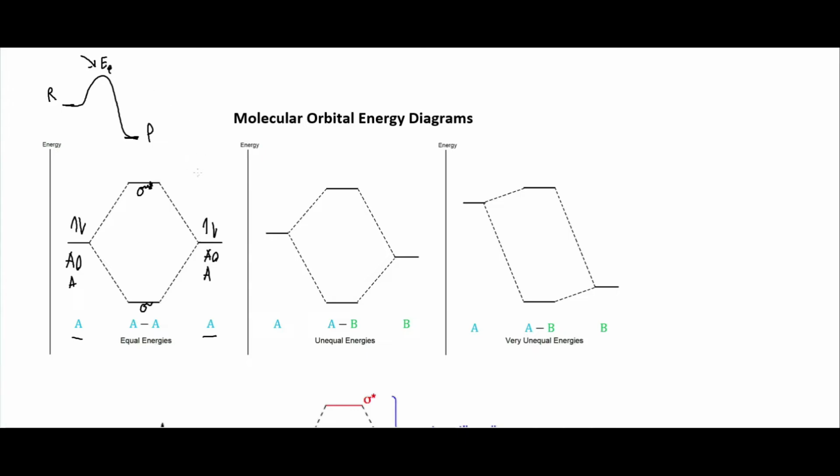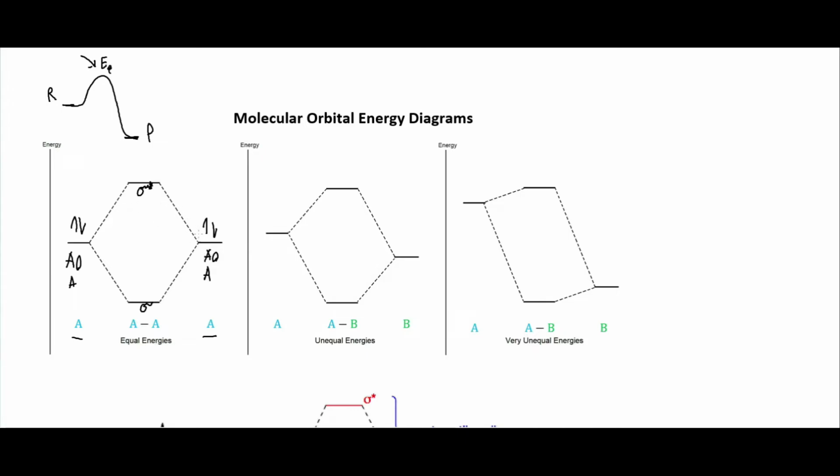But anyway, that's getting a little off course here. The idea I want to bring home, though, is that the bonding molecular orbital is going to be lower in energy than the atomic orbitals, and the antibonding is going to be higher in energy.